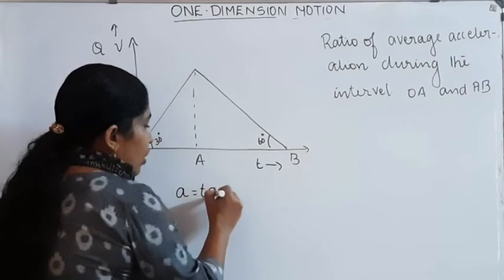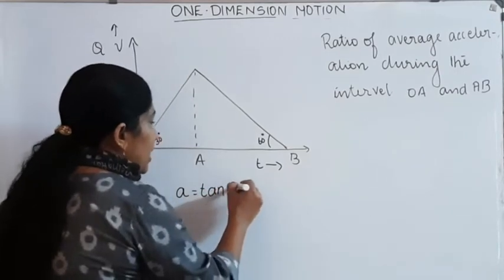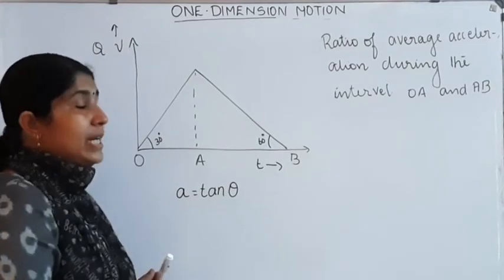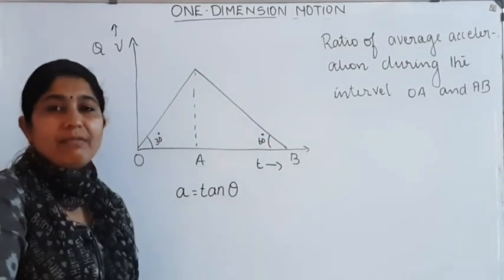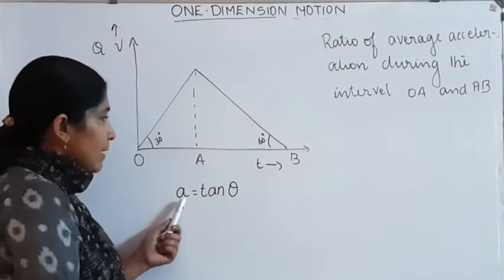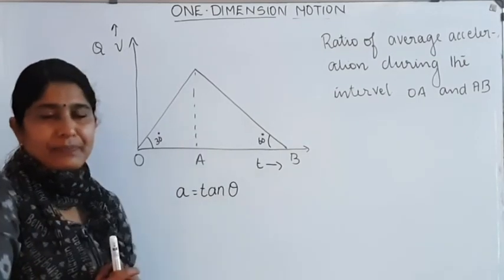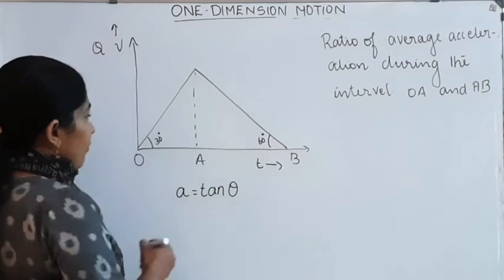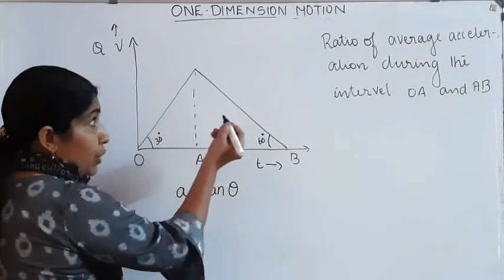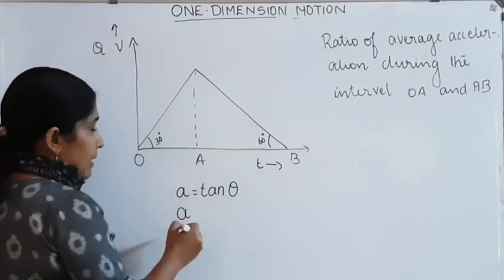That is, slope of the velocity time graph gives acceleration a. That slope a is equal to tan theta.